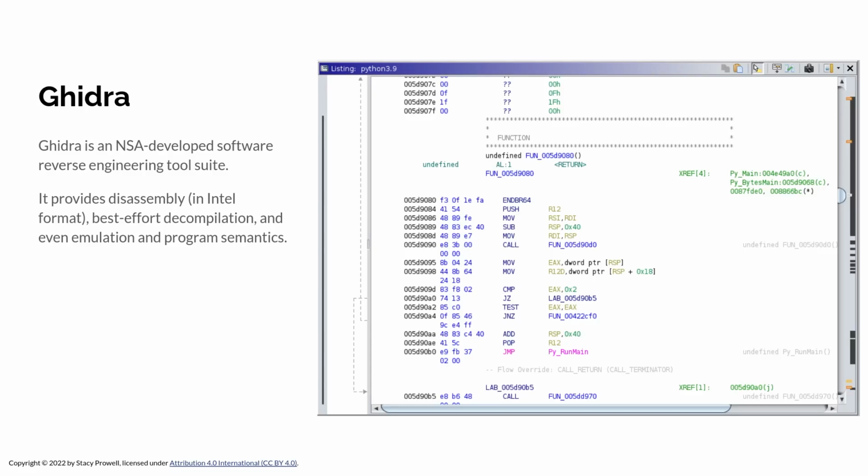You can think of Ghidra as an interactive disassembler like IDA Pro. But Ghidra is actually quite a bit more than that. It does decompilation, it does some semantic analysis of the program. Very powerful tool.